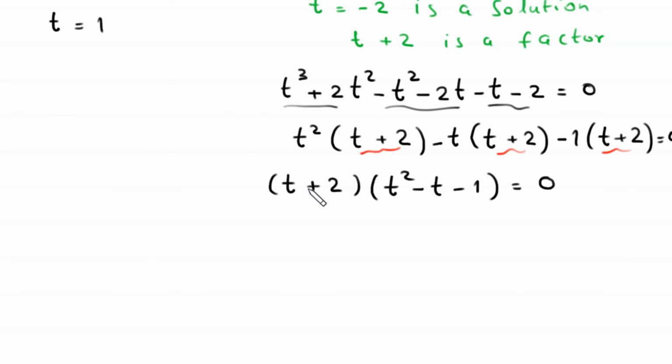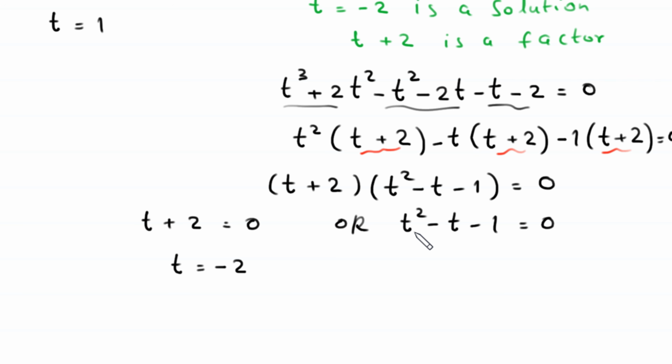Now from here either t plus 2 equal to 0, or t squared minus t minus 1 equal to 0. From this equation we get the value of t equal to negative 2.